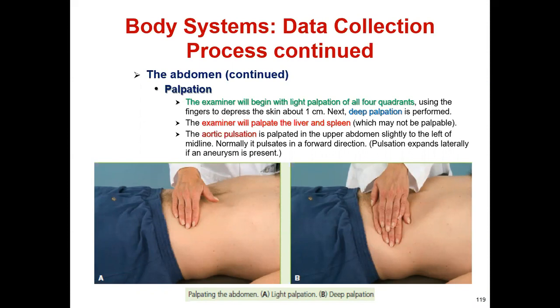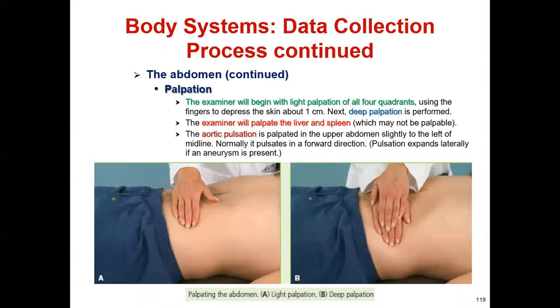So here they said the examiner will begin with a light palpation in all 4 quadrants, using the finger to depress the skin about 1 centimeter, and next go for deep palpation, right?